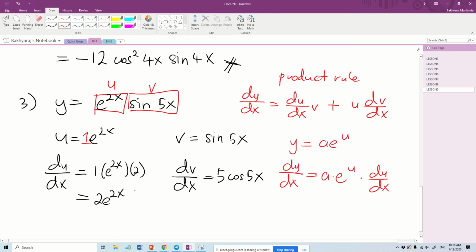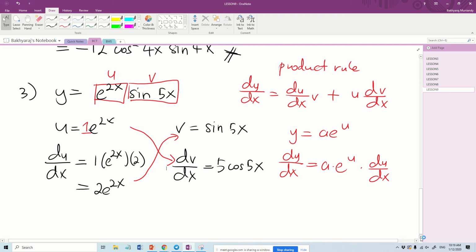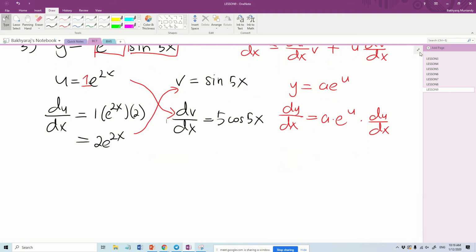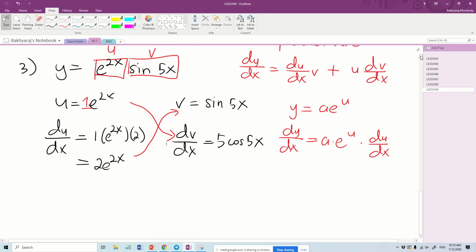So ini kali dengan ni, this times this, and this times this. Okay, so you put into the formula.